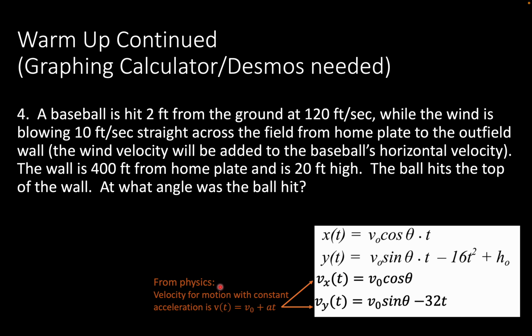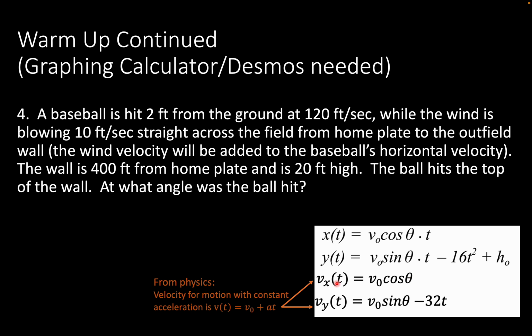Reminder from physics, if you think about velocity, the way it relates to acceleration is using this formula where velocity is the initial velocity plus acceleration times time. So the way we are going to use this is separately in the x and y direction. So the x direction is just that, velocity multiplied by cosine of theta, just because that is the side in a triangle that would represent the motion that's adjacent.